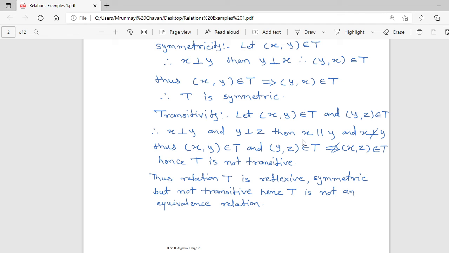Then we can say that x is parallel to z, but x is not perpendicular to z. (x,y) belongs to T, (y,z) belongs to T, but (x,z) does not belong to T.